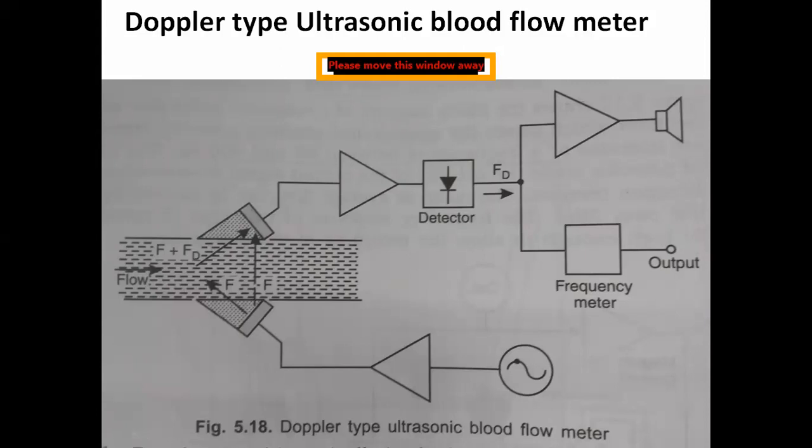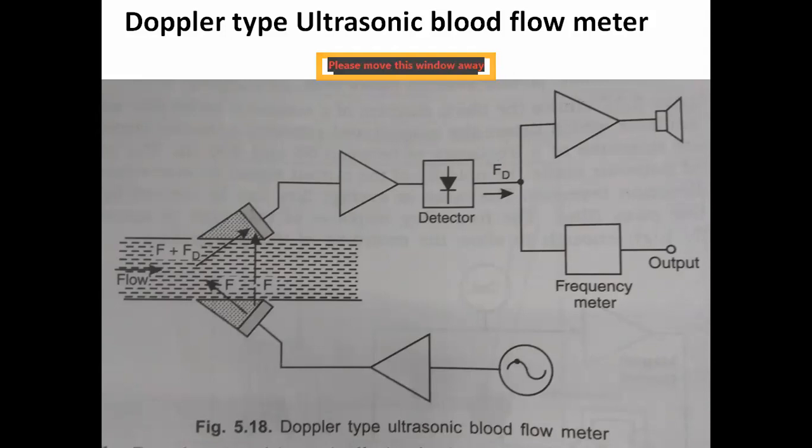That piezoelectric material will transmit a sound signal, and that signal will be received at the receiver on the other side. So on one side we have a transmitter, a piezoelectric material, and on the other side we have again a piezoelectric material.